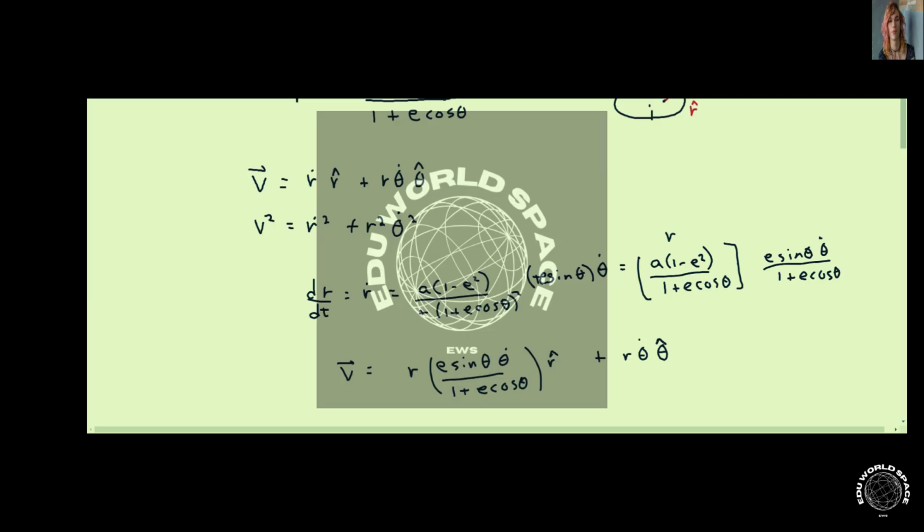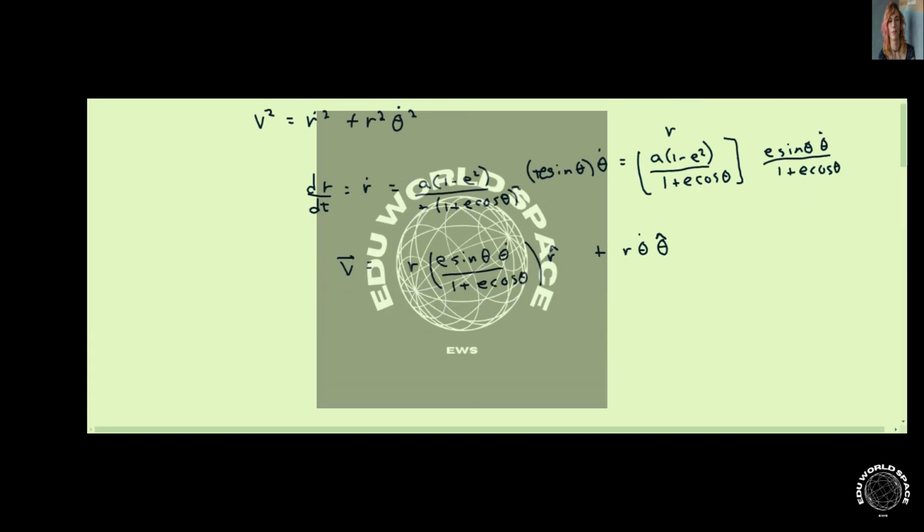And I can see that there are some commonalities between those two. We have an r and a theta dot in both of those. So I can group that out. But the radial direction looks a little bit more complicated, as we can see.